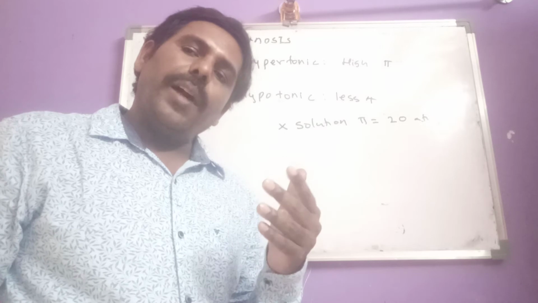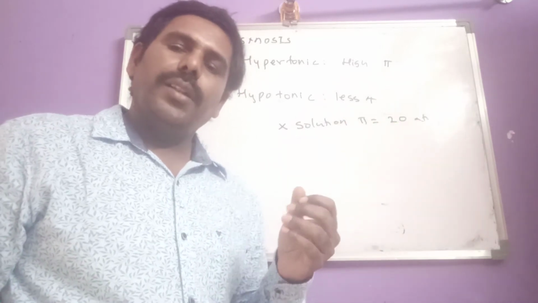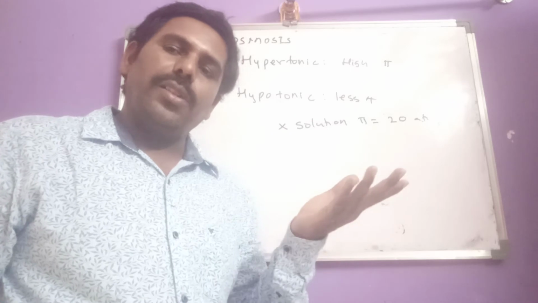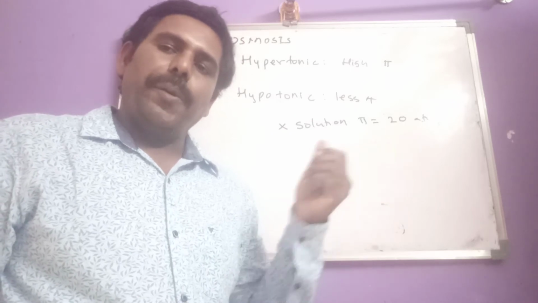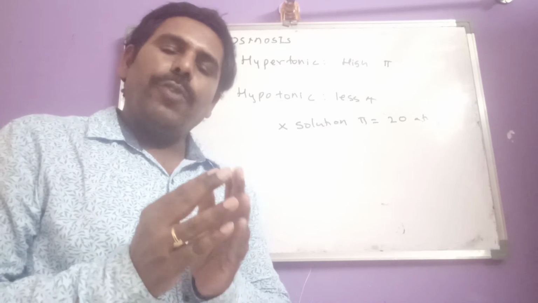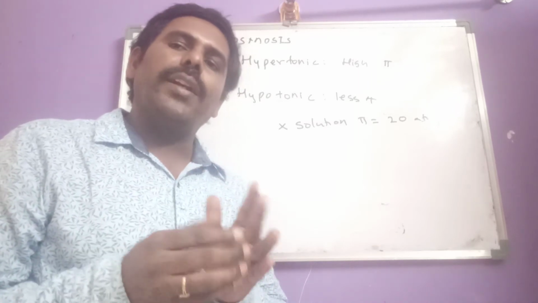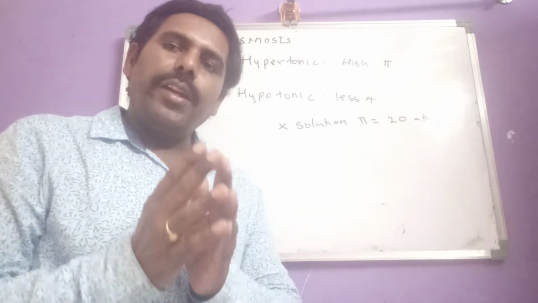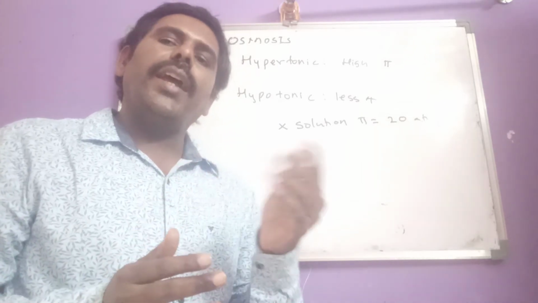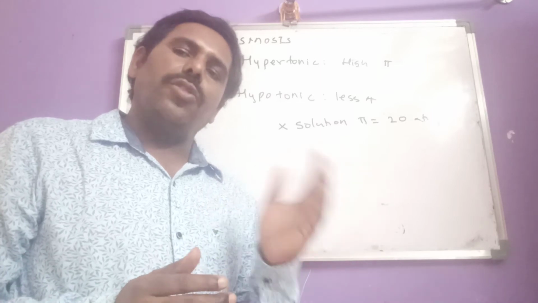But if you compare with some other person, now he may not have that much property. So like that here, individually we can't decide whether a solution is hypotonic or hypertonic. We need to compare it with another solution.